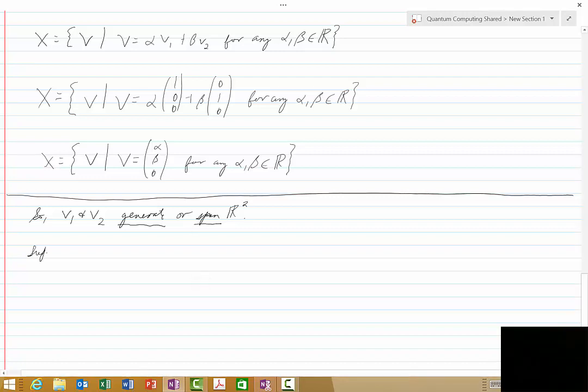Suppose v3 was equal to maybe the vector (1, 2, 0).